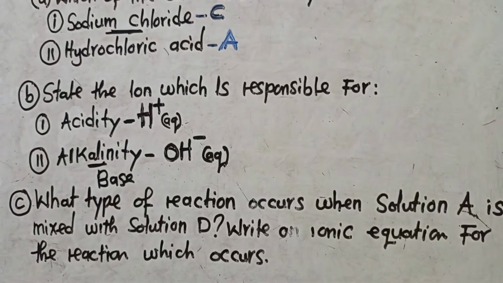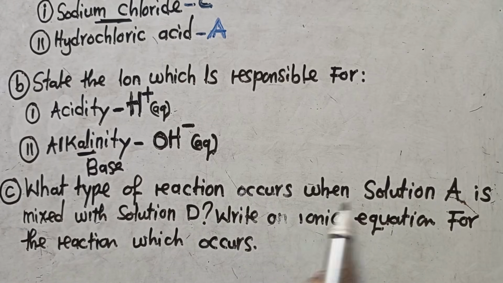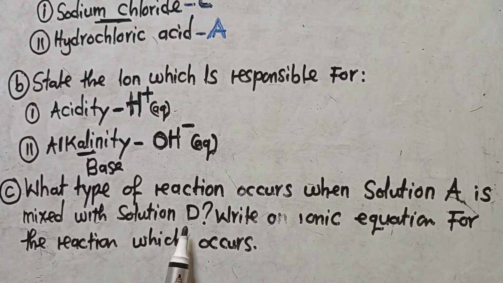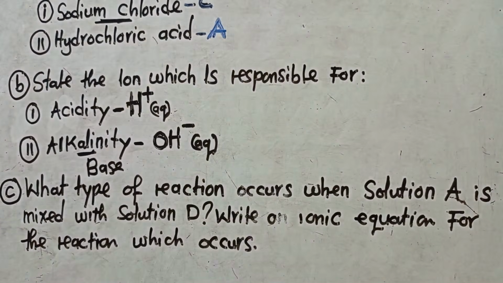This is our last question in this particular session. I guess you are getting some things. You are getting one or two things. So the question is, what type of reaction occurs when solution A is mixed with solution D? So A and D, an acid and a base. So now, which type of reaction gets to exist between those two?